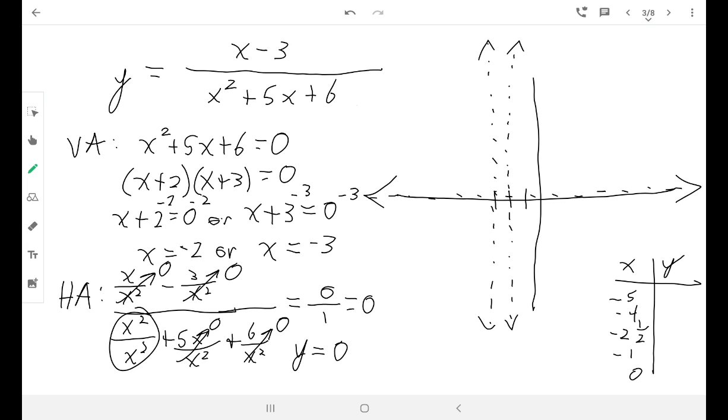It would be nice to pick more than just -2.5. In fact, I should probably have picked -2 3/4, -2.5, and -2 1/4, and that would have given me an even better idea. But you plug these in and you start to see what goes on, and where you plug them in is into the original equation. Okay, so like if I put in -5, I get -8 over what, 25 minus 25.